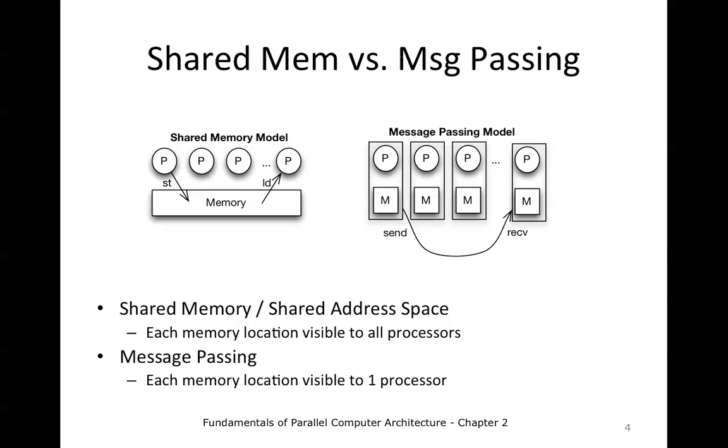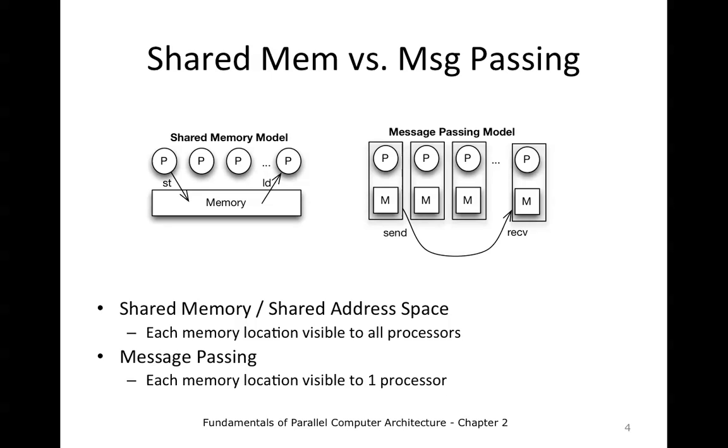Any core can write to anywhere in the memory. So, for example, if one processor wants to pass a value to another processor, all it needs to do is write that value to some location in memory, and another processor will read or load from that same location in the memory. And automatically data is passed from one processor to another.